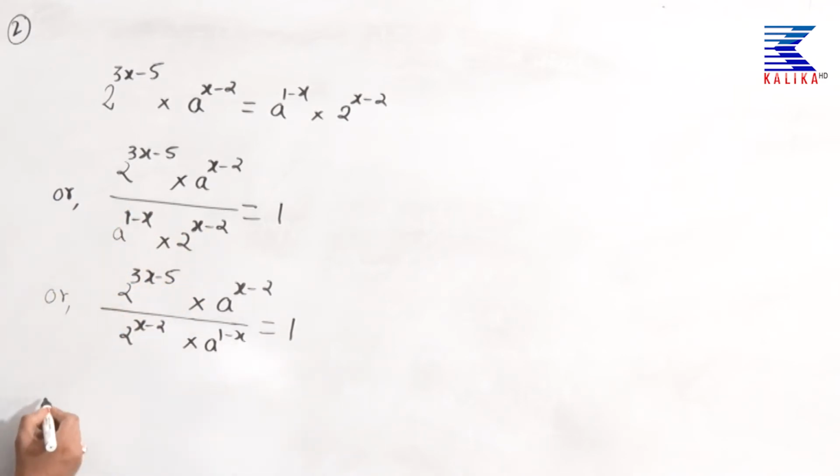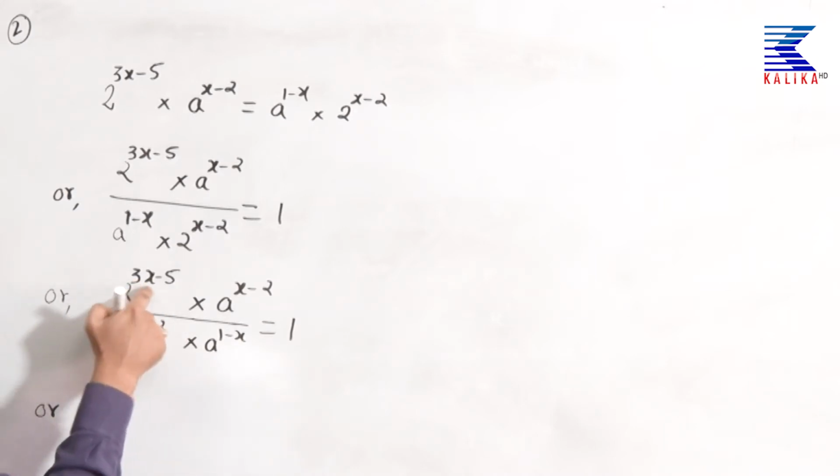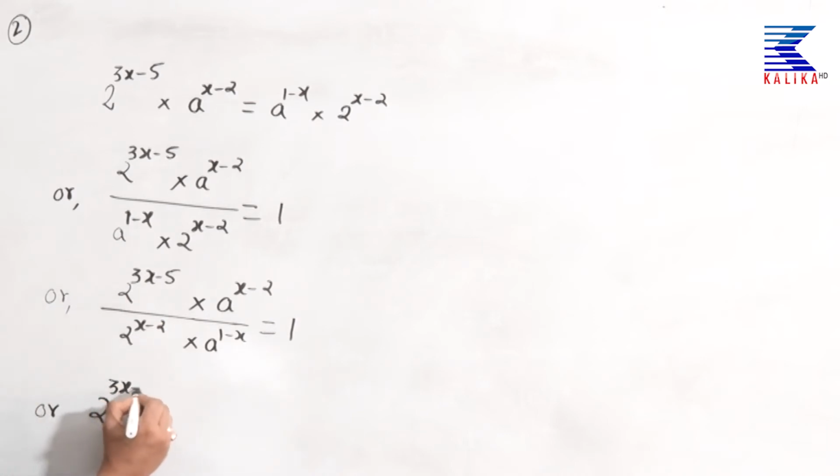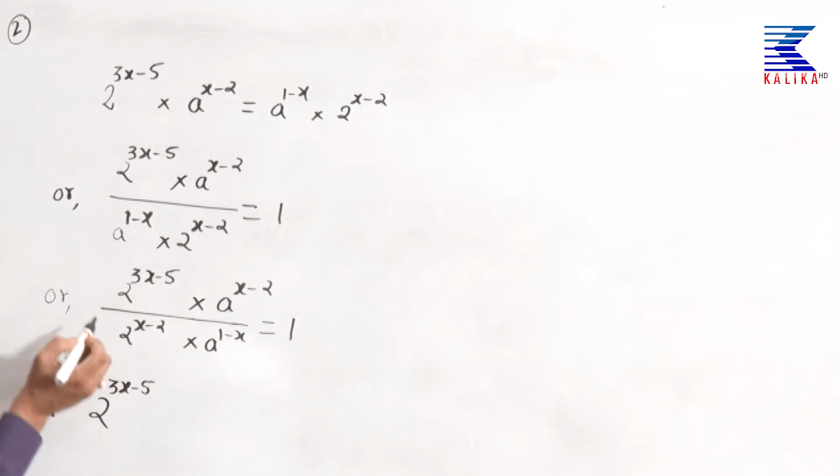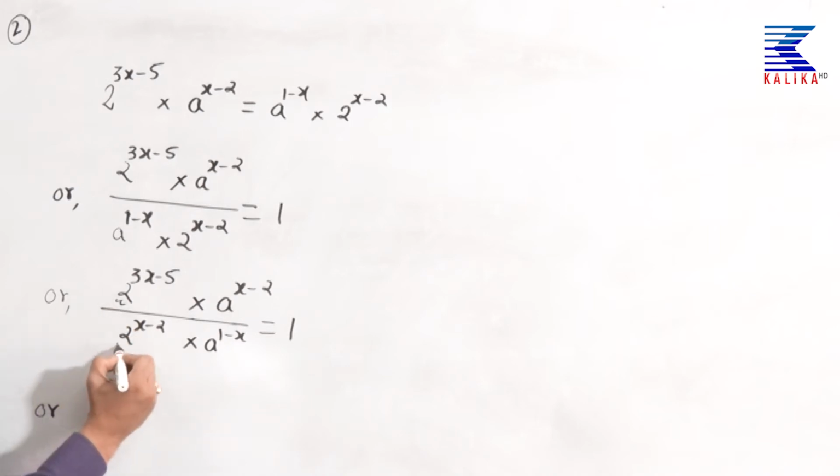Now, using laws of indices, dear student, if this 2 to the power x minus 2, if we want to bring this term in the numerator, what happens? 2 at first what is there? 3x minus 5 we write same. Look, base is 2 here, base is 2 here. When this power goes up, the sign of the power will be exchanged.